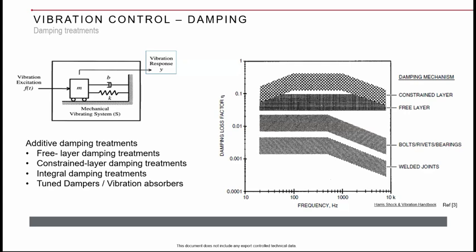If the mobility response around the natural frequency is a proper circle in the Nyquist plot, in circle fit, then it is viscous damping that you have predominantly. Whereas if receptance, which means displacement response, you get as a proper circle in the Nyquist plot, then it is the structural damping that you have majorly.